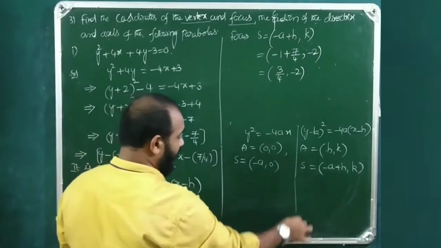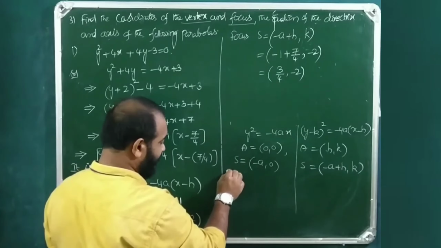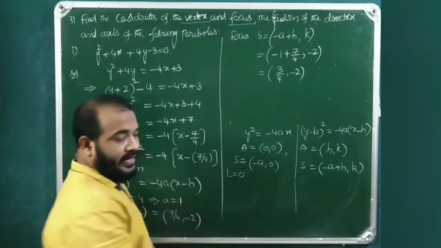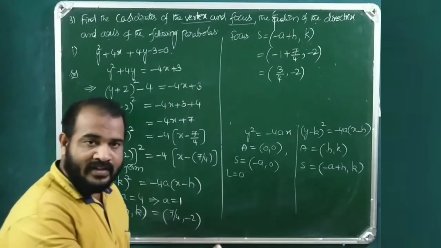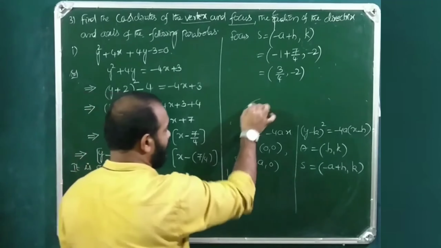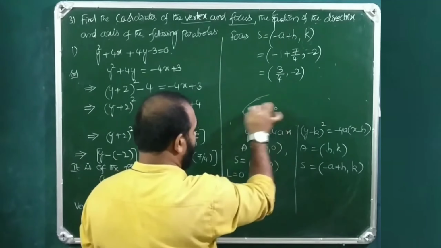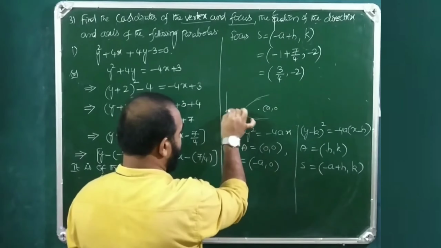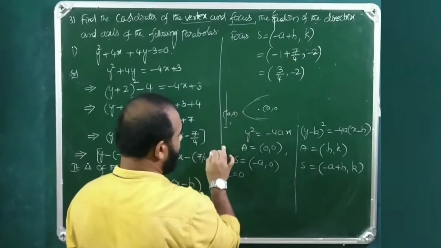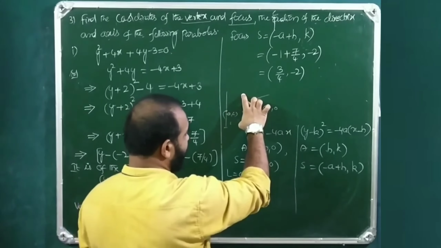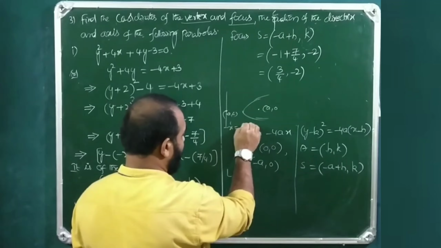What is the equation of the directrix? For y square equals to 4ax parabola, this is a comma 0 and this is minus a comma 0. Then this line is parallel to the y axis, x equals to minus a.